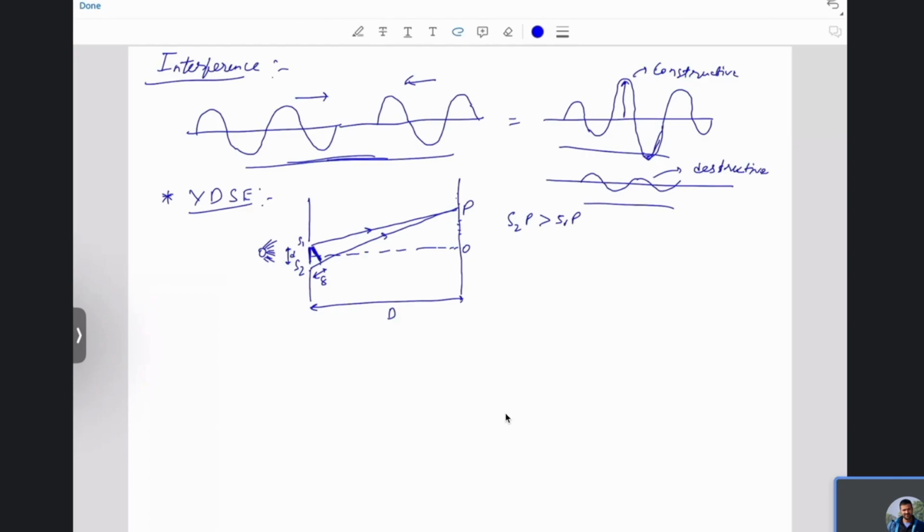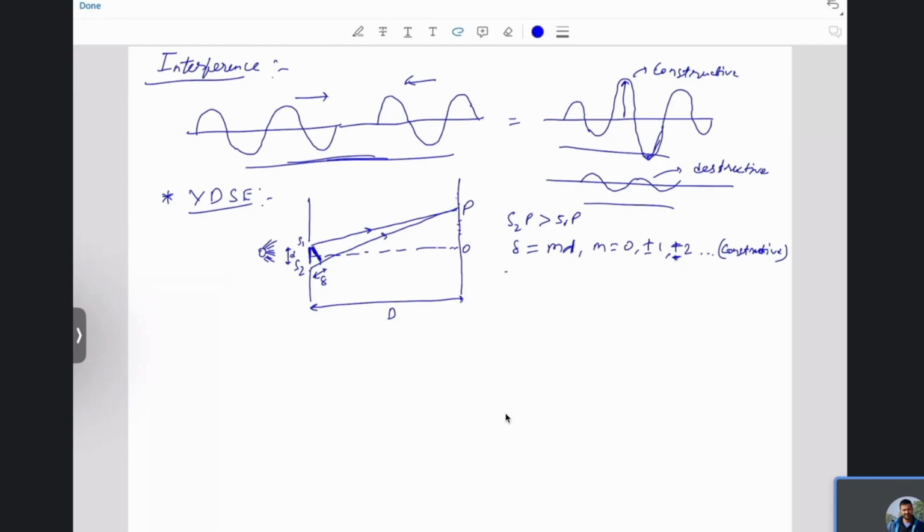So there is a condition for when there will be constructive and destructive interference. For constructive interference, the condition is delta equals m lambda, where lambda is the wavelength of light and m is 0, plus or minus 1, plus or minus 2, and so on.